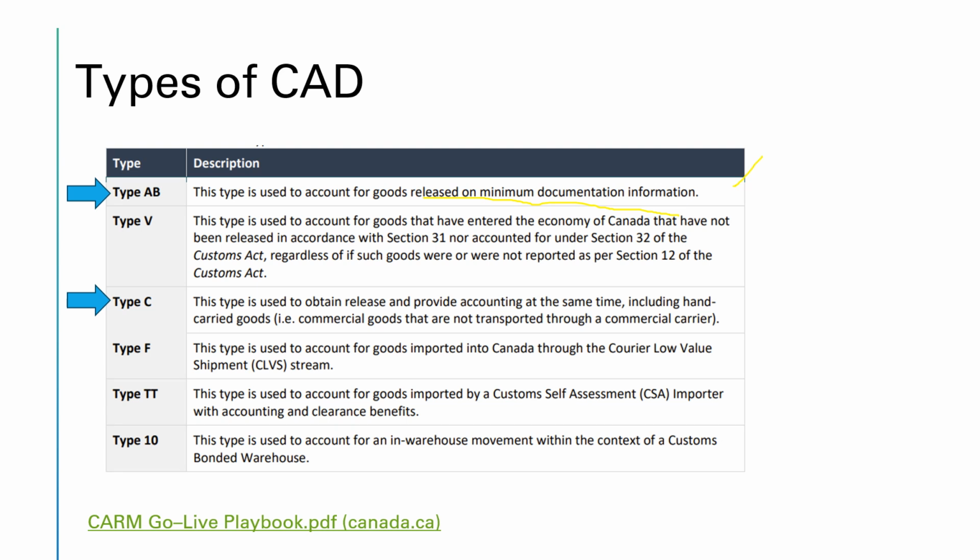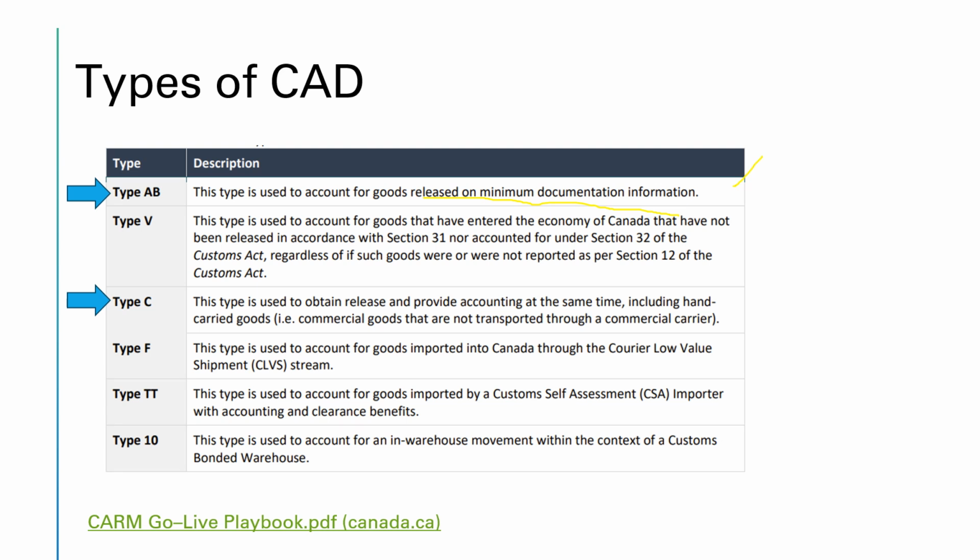I'm not going to go over all the types because in this course we only saw A, B, I believe, and C type, and in other courses you will see the type 10 and type 20 for warehouses. But type AB is usually the one that they use for RPP, and type C will be the one that we use to obtain release and provide accounting at the same time.